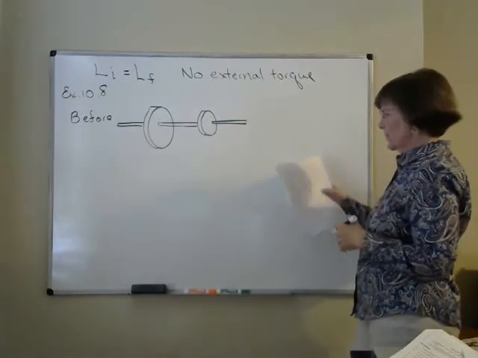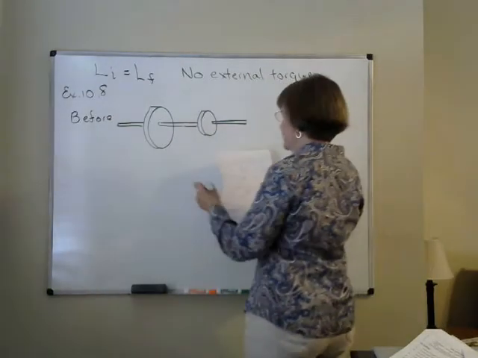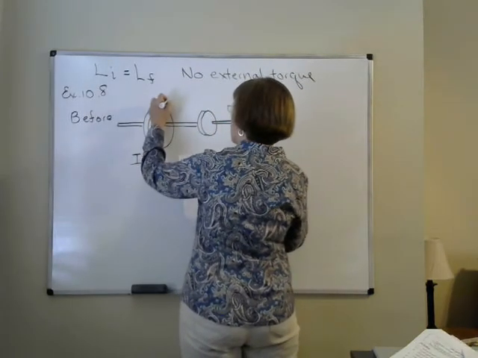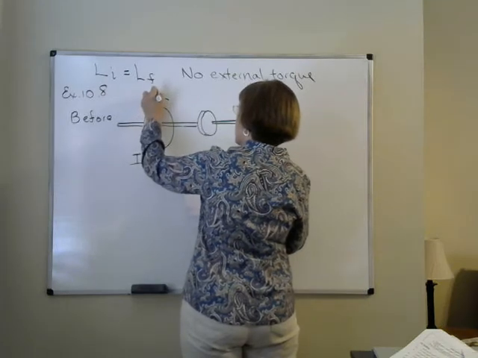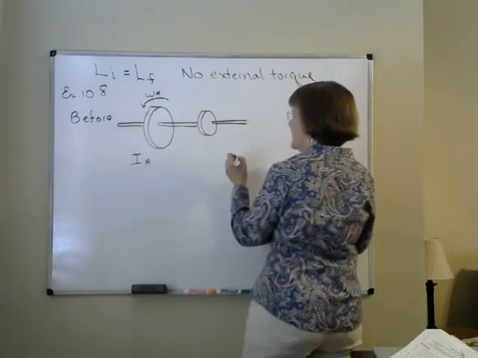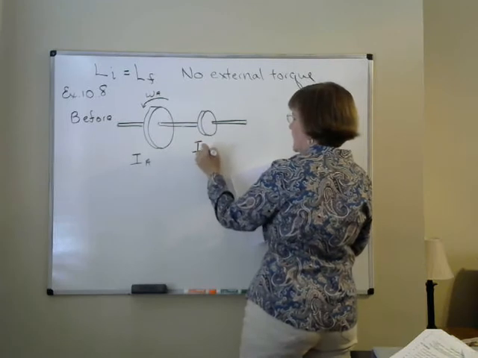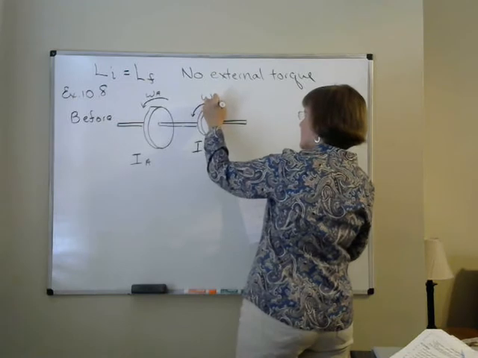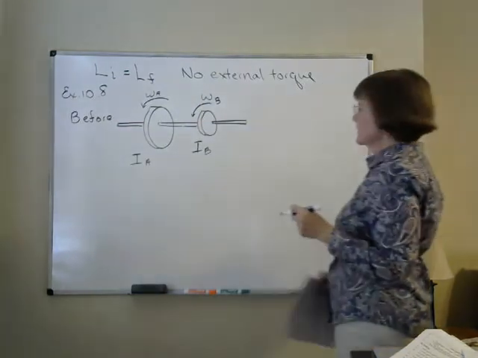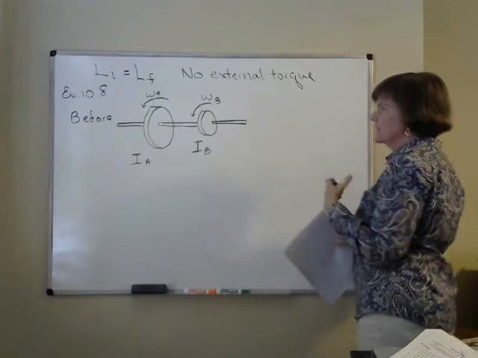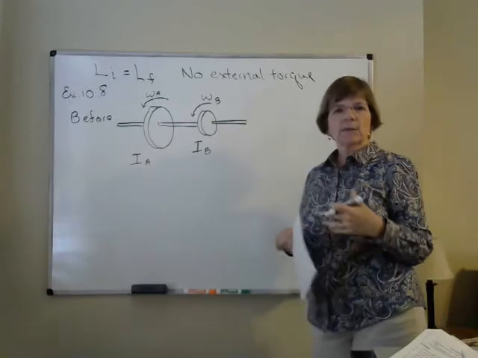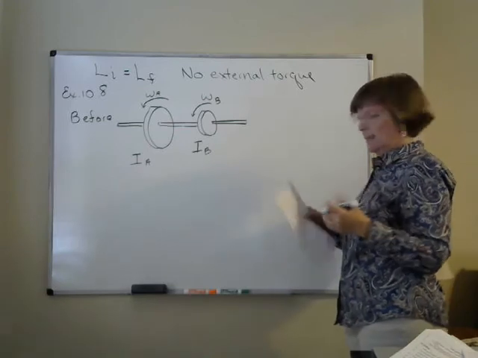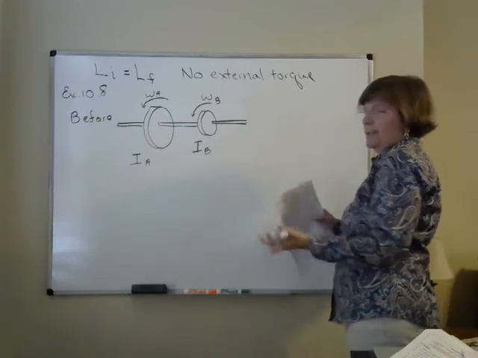I didn't draw it perfectly, I know that. So this has moment of inertia A, traveling at an angular speed omega A. This has moment of inertia B, rotating with an angular velocity omega B. So we have these 2 flywheels. They have different masses and radiuses, so we know they have different moments of inertia, and they are revolving independently. One could even potentially be at rest.